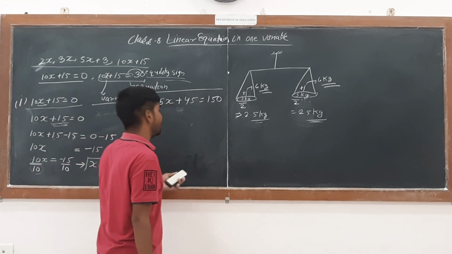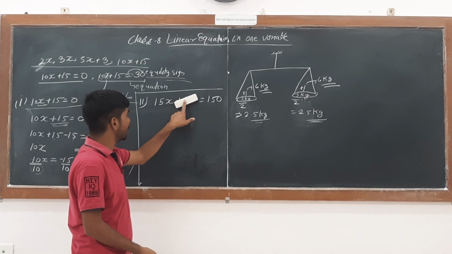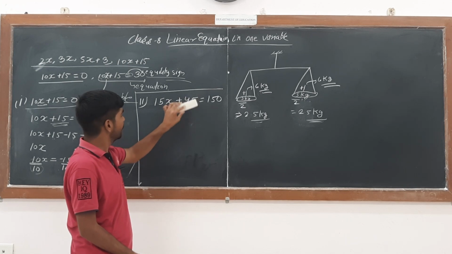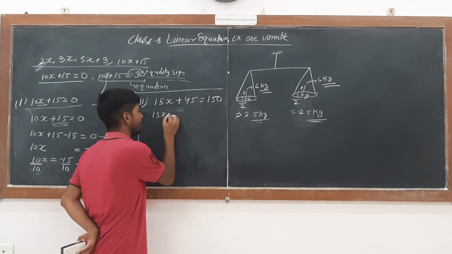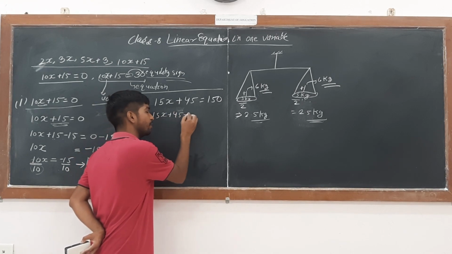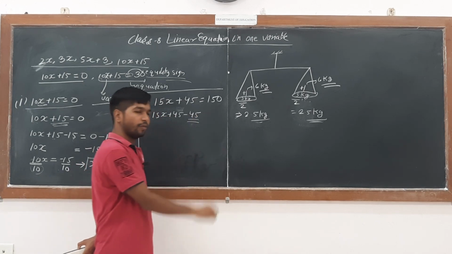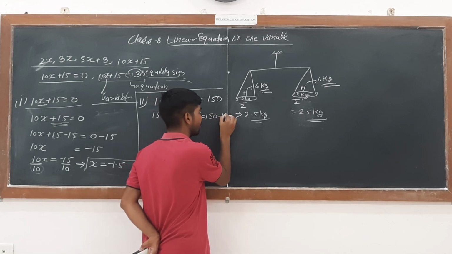If I want to solve that, the same property applies. 45 is an extra term and I want to remove it. If it is plus 45, I will write minus 45. So 15x plus 45, to remove that I write minus 45. And if I write minus 45 on the left side, to make it equal, I have to write minus 45 on the right side.